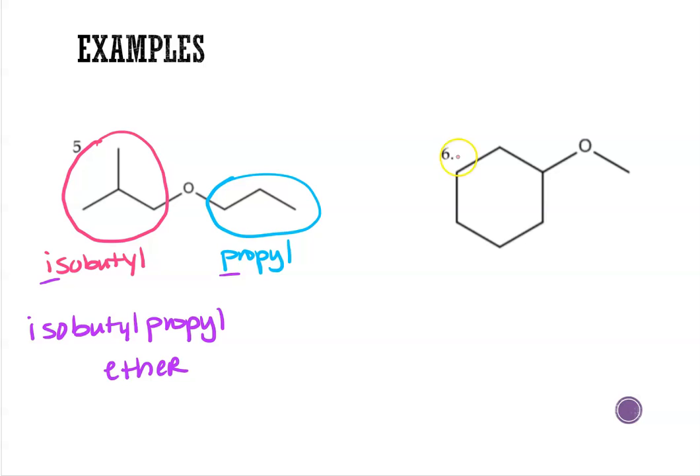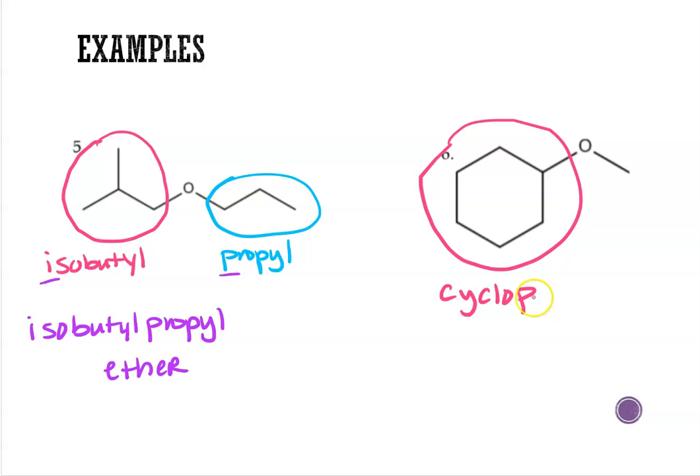And then the last one that we'll look at here, this is a cyclohexyl group. We just talked about this when we talked about alcohols. Anytime you have a group that's cyclic, if it's cyclohexane, it's just cyclohexyl. If it's cyclopropane, it's just cyclopropyl. So this is cyclohexyl. I should probably name the other one before I get carried away here.